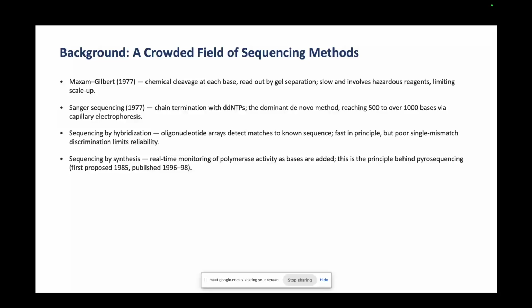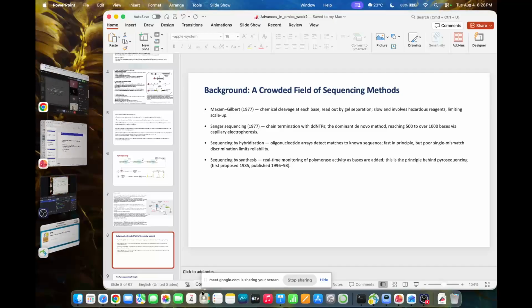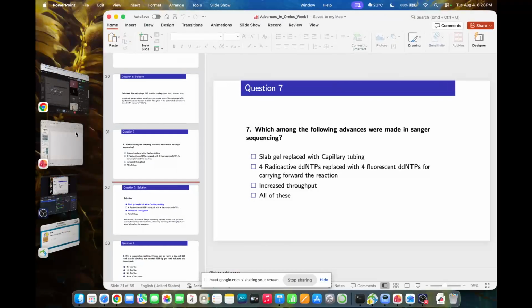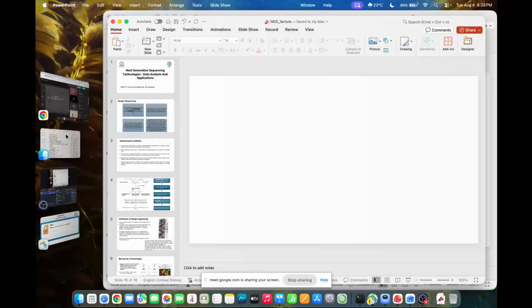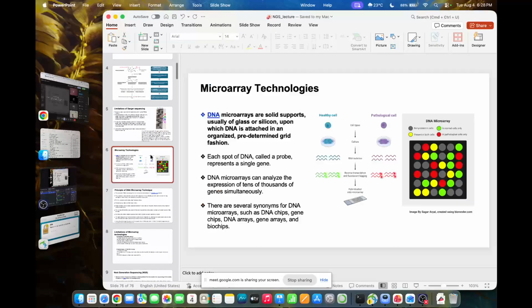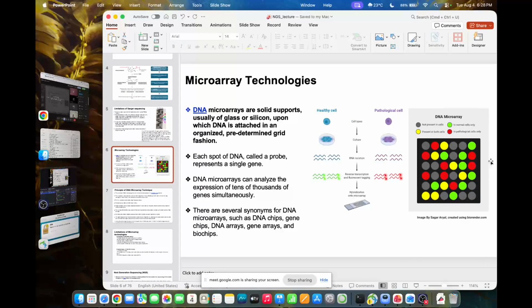I don't know if any of you have heard about arrays, microarrays, sequencing arrays. I have a slide from an older course. The DNA microarrays will look something like this. It's a plate, and inside the plate there are wells, and inside each well there is a DNA probe, which represents a single gene, or it can represent some other regions of the genome as well, but it will be very targeted.